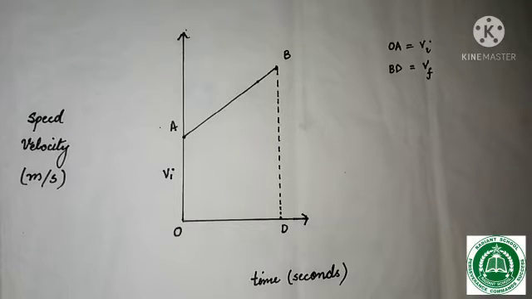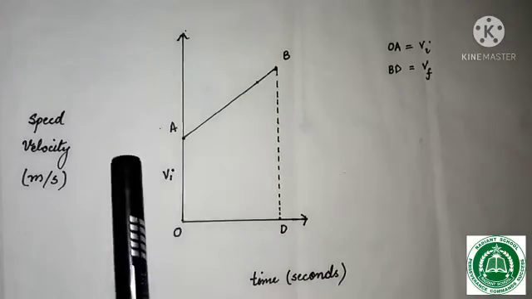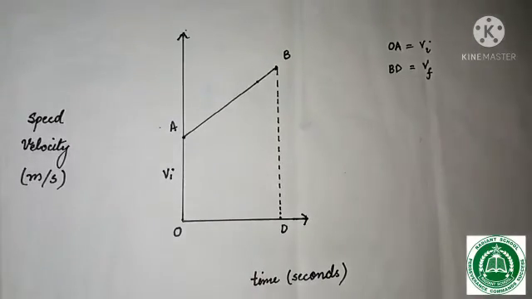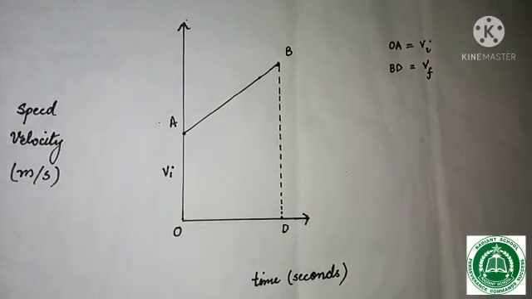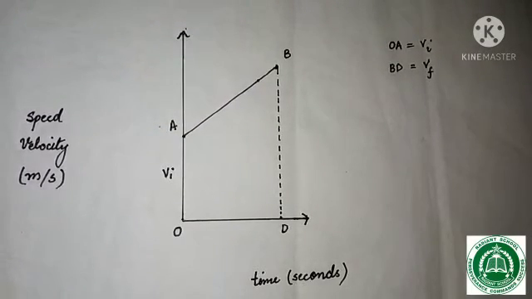And now the next step that we will do is we have to shade this whole diagram OABD with the help of a pencil. You have to do the shading with a light hand. It should not be so dark that it overcomes the actual diagram.